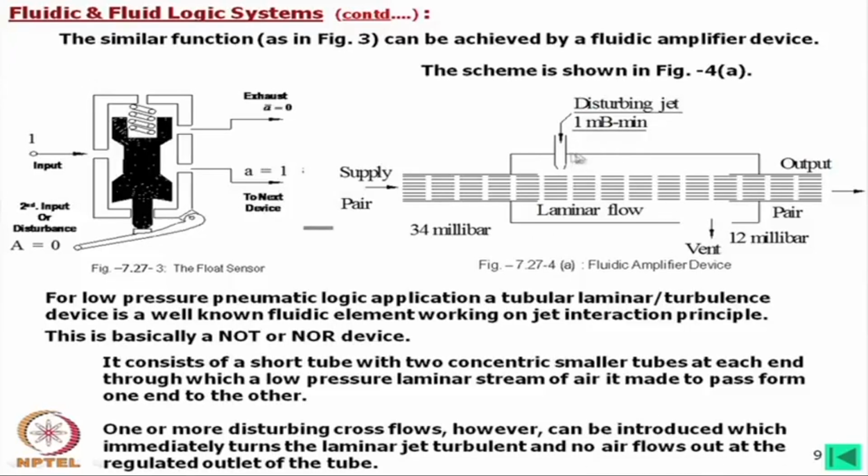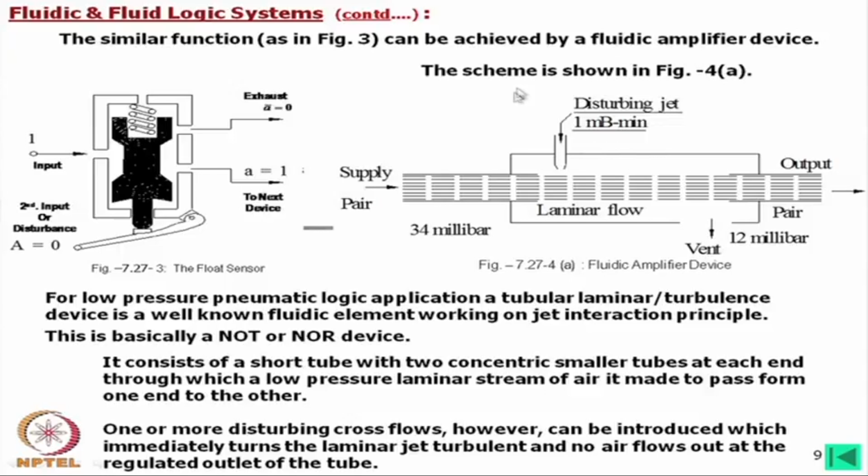Now, we can have one or more disturbing jets. That means this will be disturbed by either one input, or any one of the disturbances, or maybe 3 disturbances at a time.